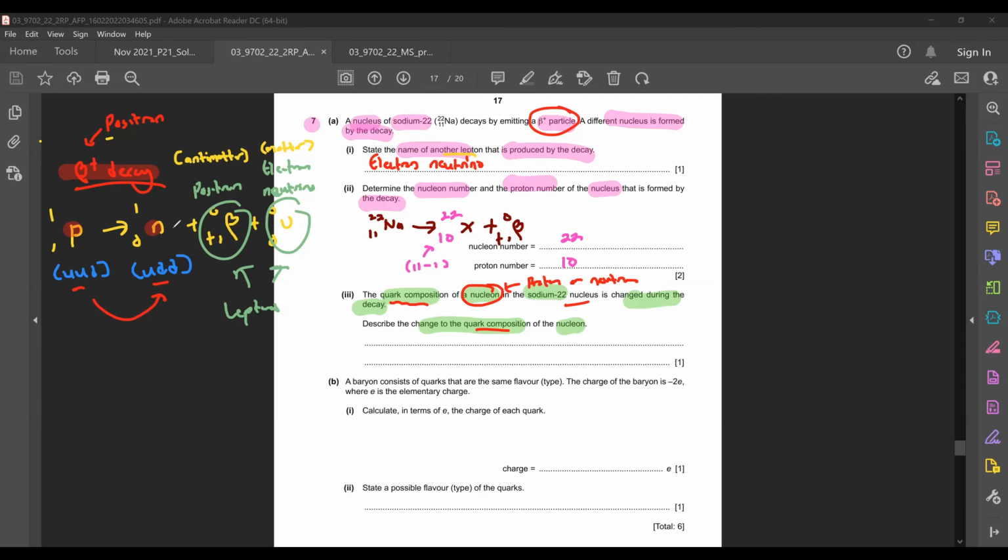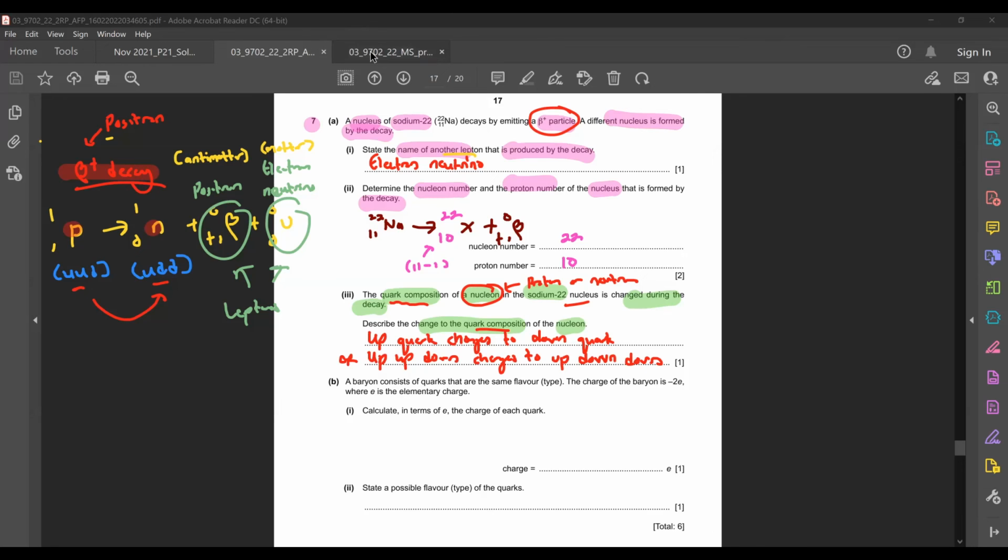So you have actually written it as something like this, where you can either say up quark changes to down quark, or you could just say up, up, down changes to up, down, down.